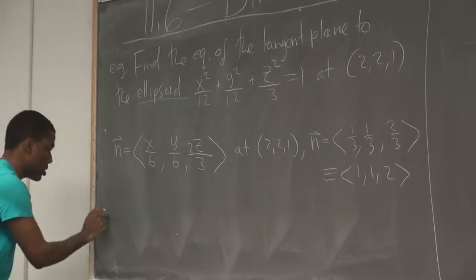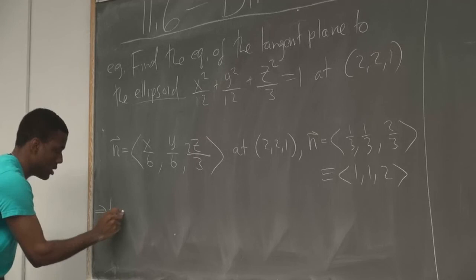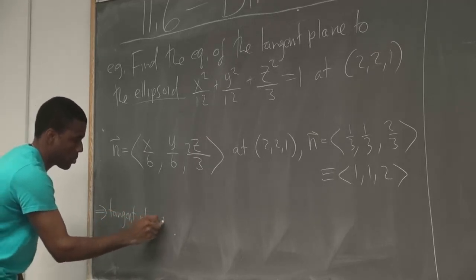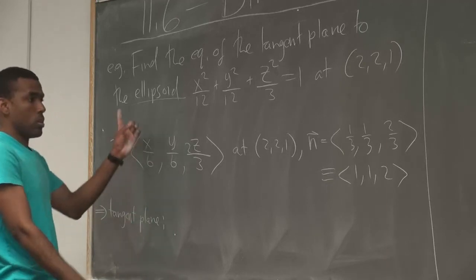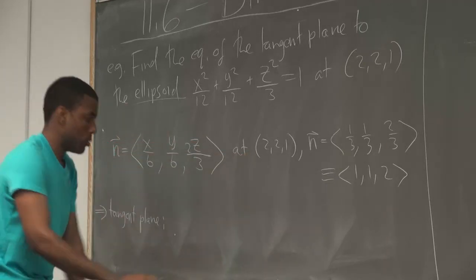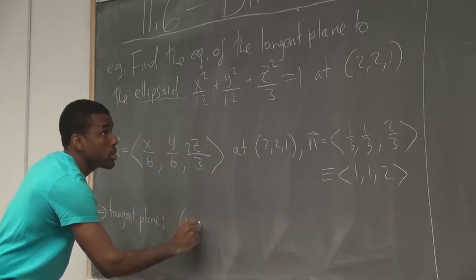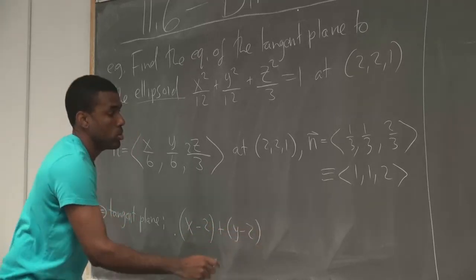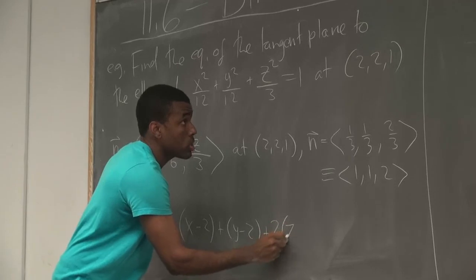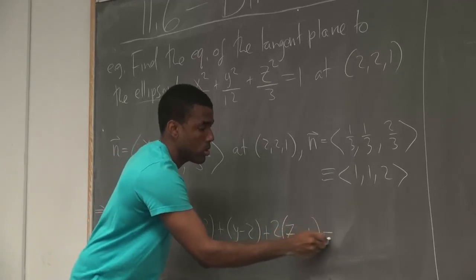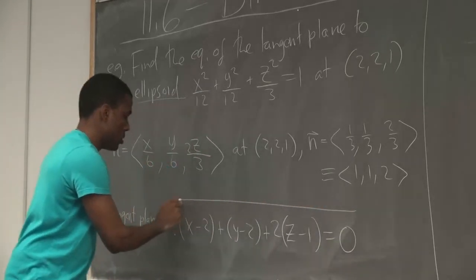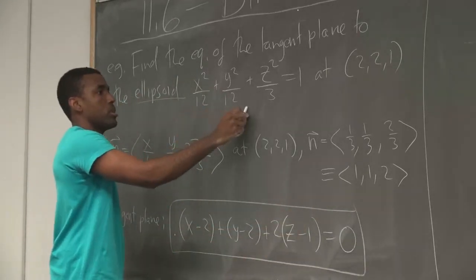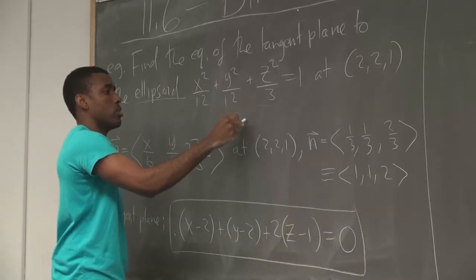And so this means the tangent plane is x minus 2 plus y minus 2 plus 2 times z minus 1, because I took this to be my big f of x, y, z.